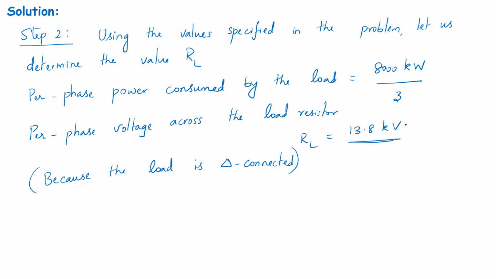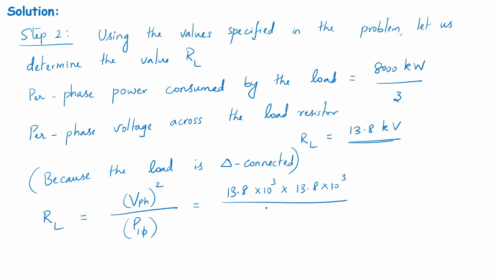Now once we know the voltage across the resistor and the power consumed by that resistor, we can calculate the value of RL as V per phase squared divided by P single phase, which is 13.8 times 10^3 times 13.8 times 10^3, that's what square means, divided by 8,000 times 10^3 divided by 3, which is the single phase power.